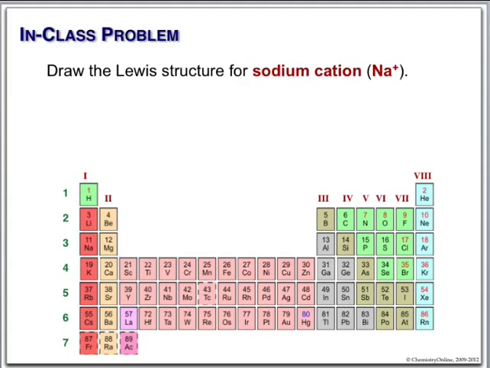It's in group 1. So sodium has 1 electron. Now, to make it +1, what do we do? We've got to get rid of that electron, don't we? If we get rid of the electron, there are too many protons, and it has a positive charge.